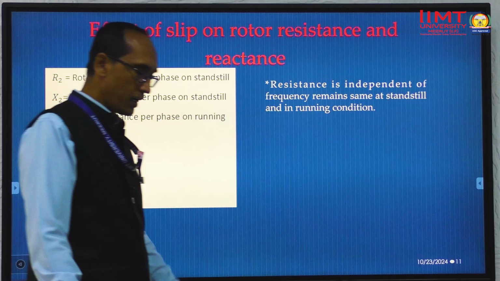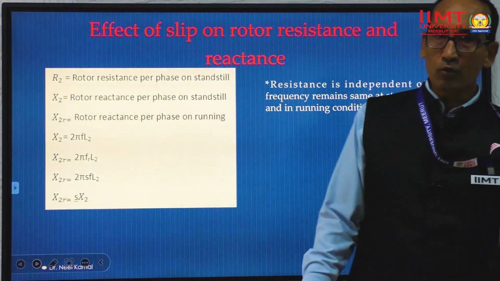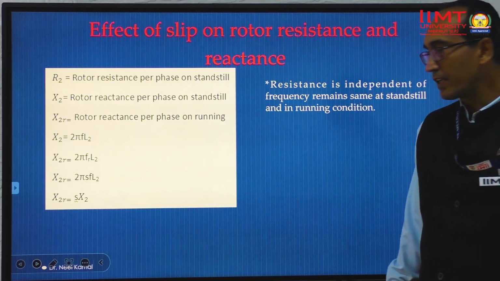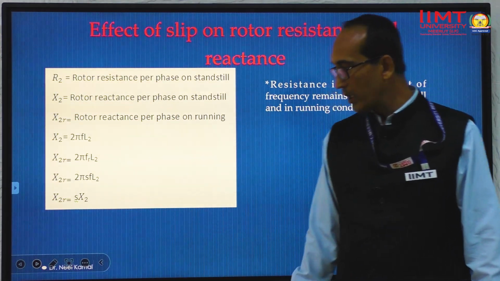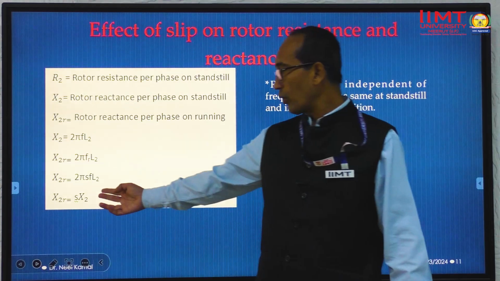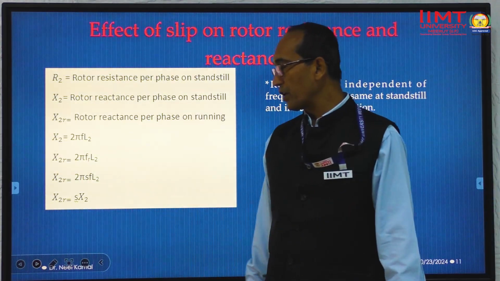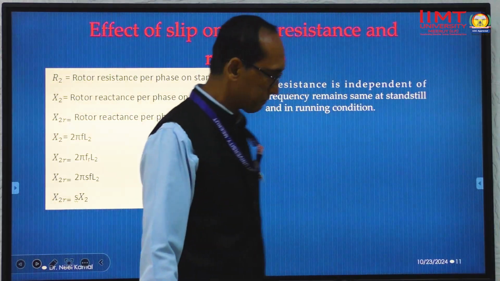So we have the conclusion here that the rotor reactance at running condition is equal to the rotor reactance at standstill condition multiplied by the slip.